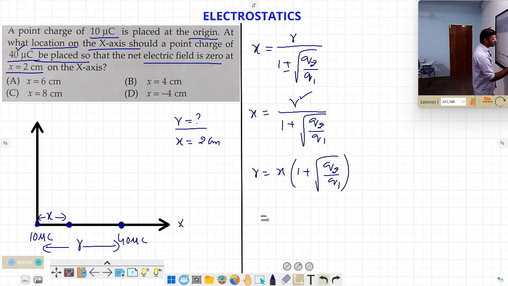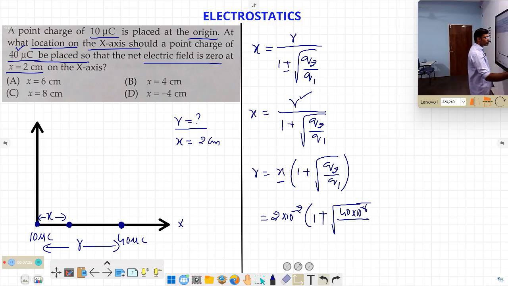Now substitute the values. The x value is 2 centimeters, or 2 into 10 power minus 2, times 1 plus under root of q2 by q1. The second charge is 40 into 10 power minus 6, and the first charge is 10 into 10 power minus 6.